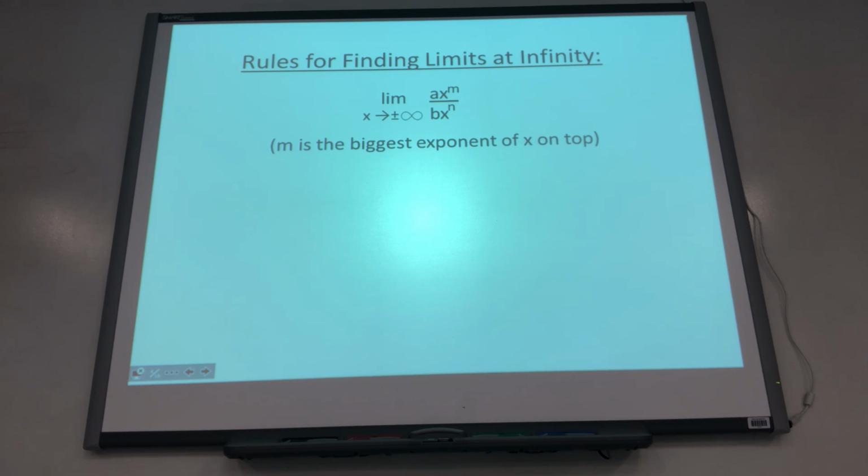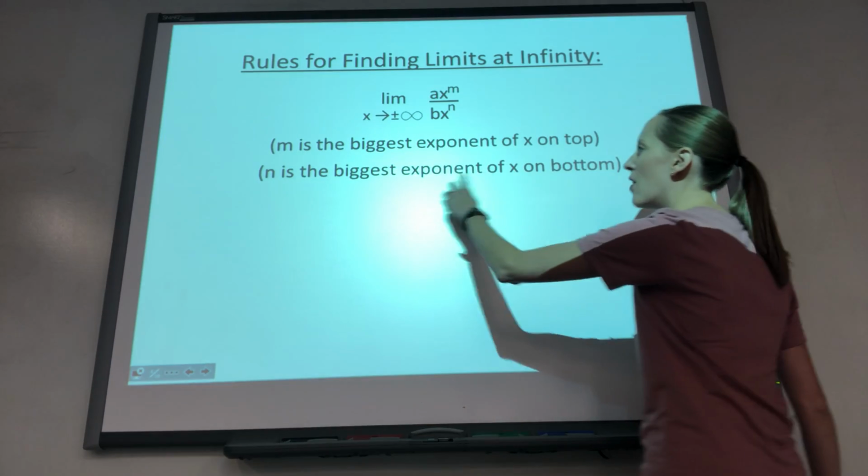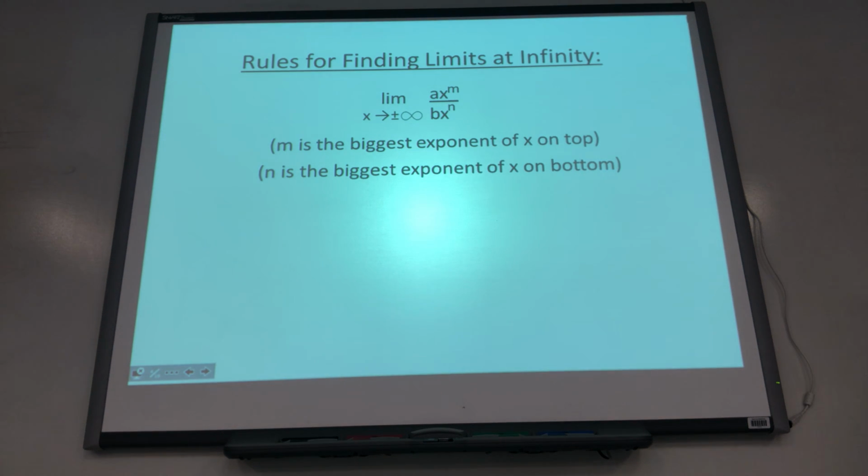M is the biggest exponent of x on top, or in the numerator. M is the biggest exponent or biggest power of x on top. So you can probably figure out what n is.